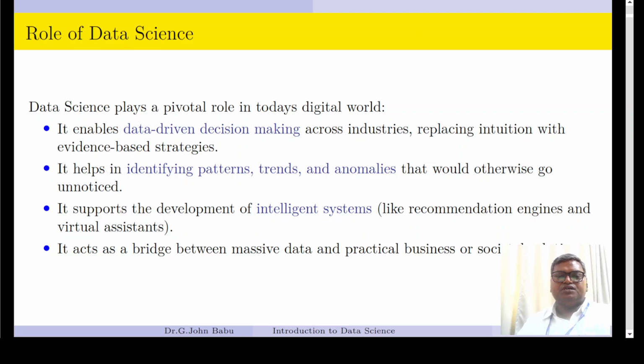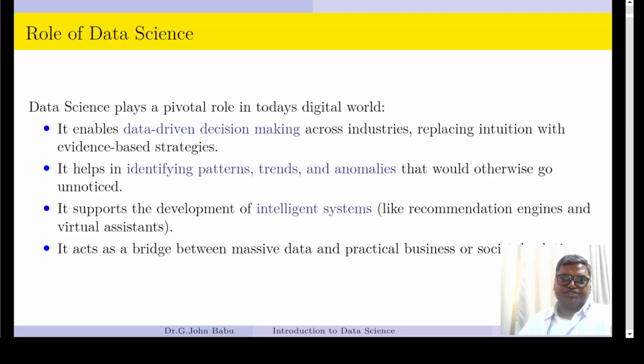For example, you are researching a particular product. You want to launch a particular cosmetic for the youth. So that decision, whether to launch or not, will certainly depend on what data is available, how many shops are there, how many people are buying cosmetics similar to this, and what is the pattern, what is the feedback of them, what is the sentiment analysis of the users, whether they are looking for a new product.